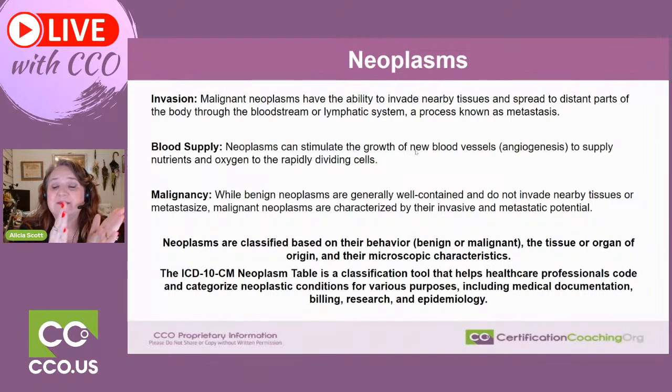But malignant neoplasms, when they say invasive, that means that they start in one place and they go someplace else and start replicating abnormal cells in a different part of your body.